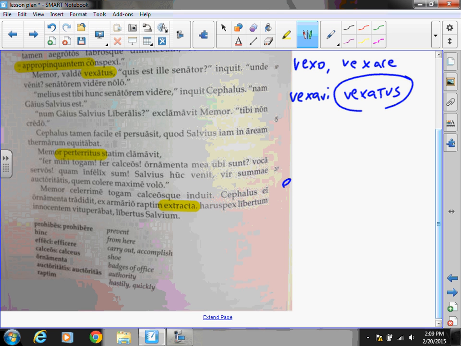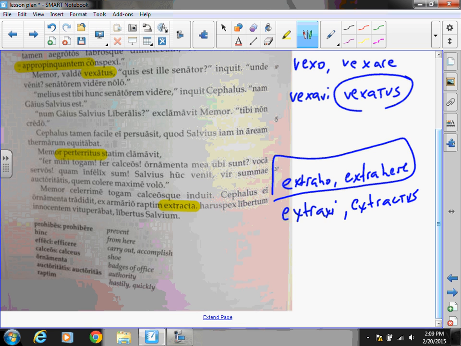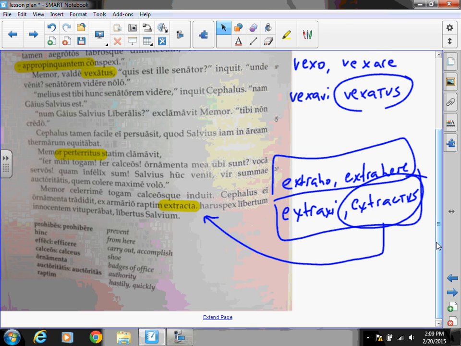Again, if I look at extraho, extrahere, extraxi, extractus. These two are present system. These two are perfect system. This is perfect passive. That is perfect passive.